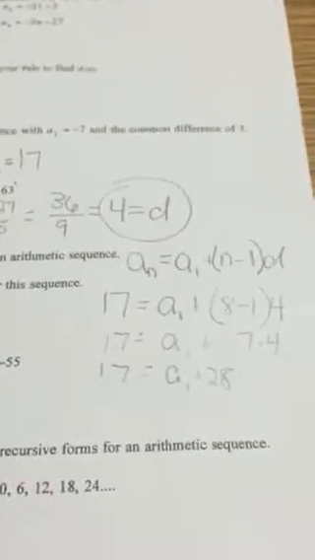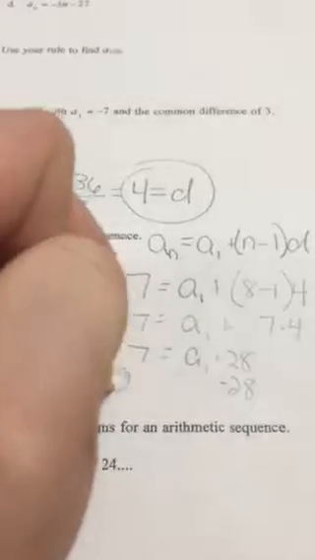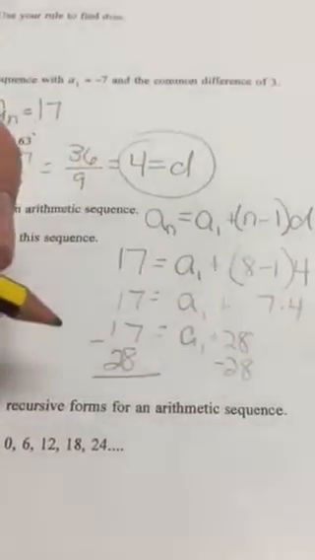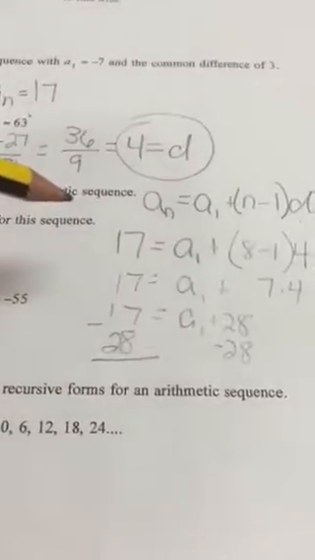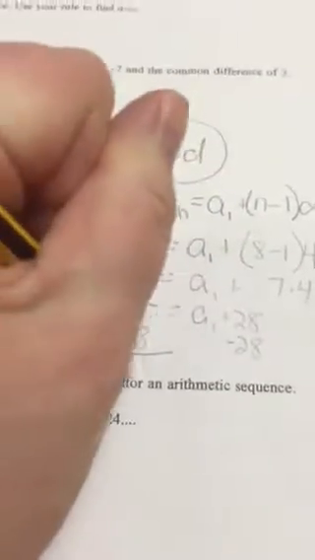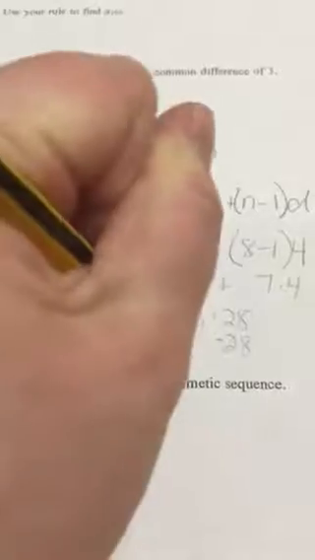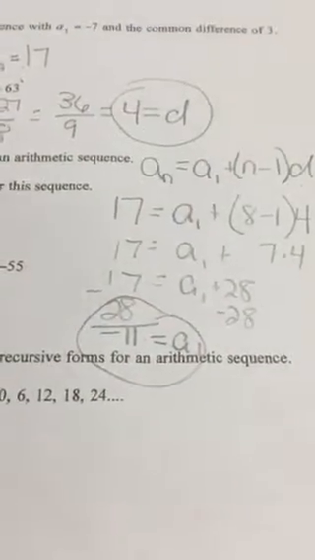Now this just is an equation. I'm looking for a1, so minus 28 from both sides. It's just algebra that we're doing. 17 minus 28, oh boy, negative 11, does that sound right? Equals a1.